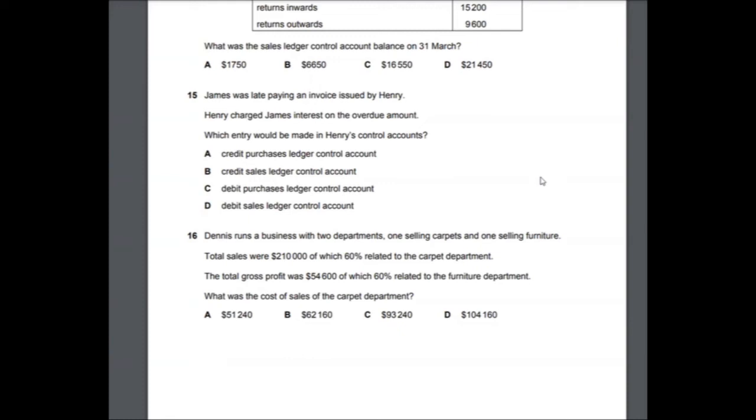James is an accounts receivable for Henry. Henry is charging him interest, which in turn is increasing accounts receivable. And when accounts receivable are increasing, it would be a debit to the sales ledger control account, because whenever you want to increase accounts receivable, you debit. So the correct answer to multiple choice 15 is option D.